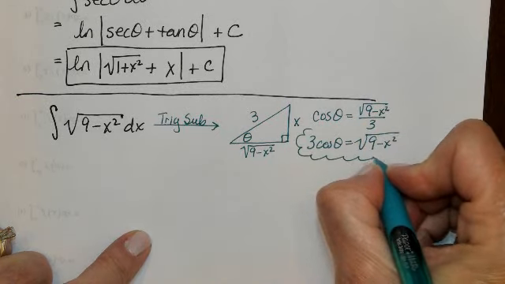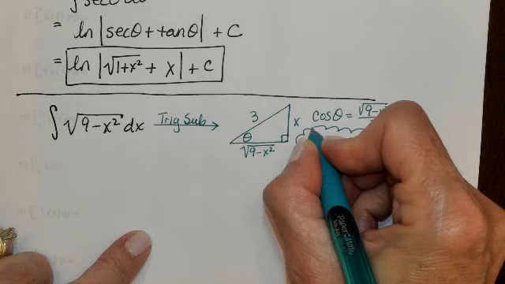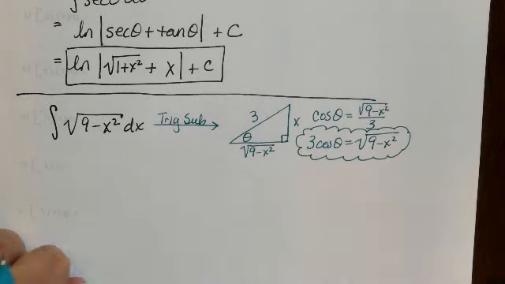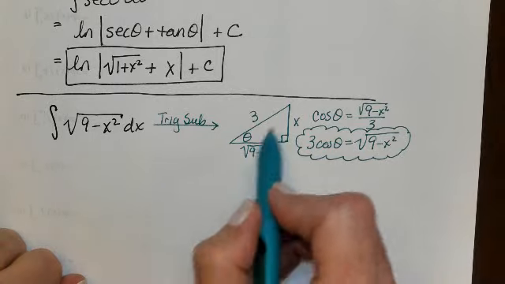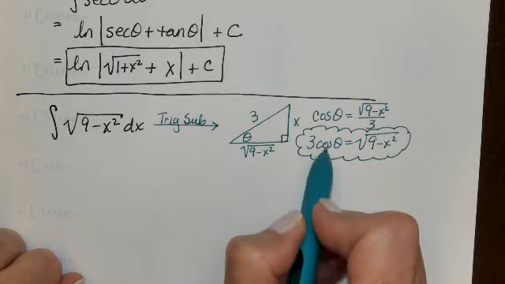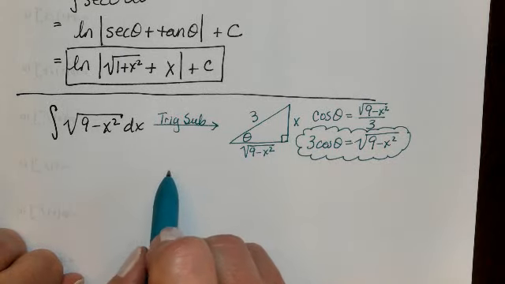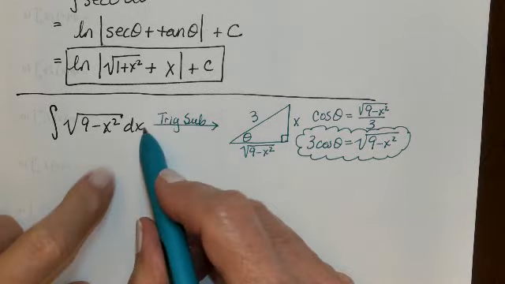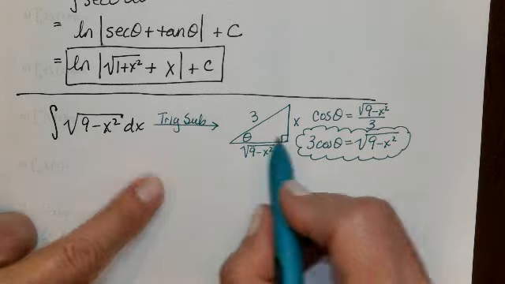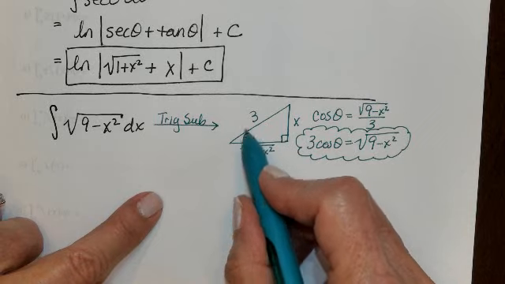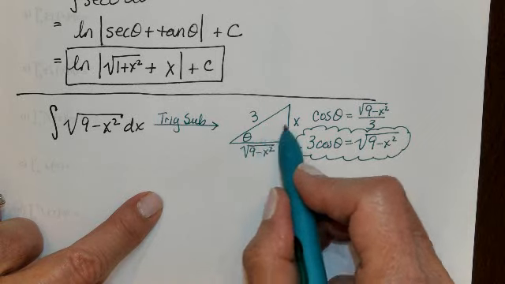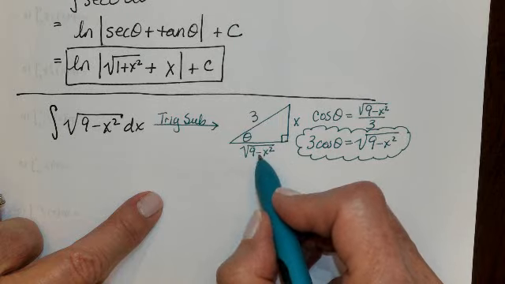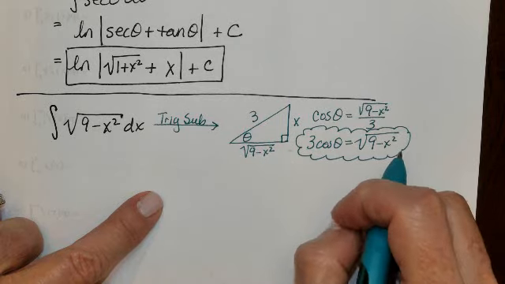So there's the first thing that I can use to substitute in. So in place of the square root of 9 minus x squared, I'm going to put 3 cosine theta. If we had switched these, we would have a sine here instead of a cosine. That's fine. Next up, we need to substitute in place of the dx, right? So now I'd like a trig ratio that involves the x and the 3. I don't want to use this square root because I want to keep it as simple as I can.